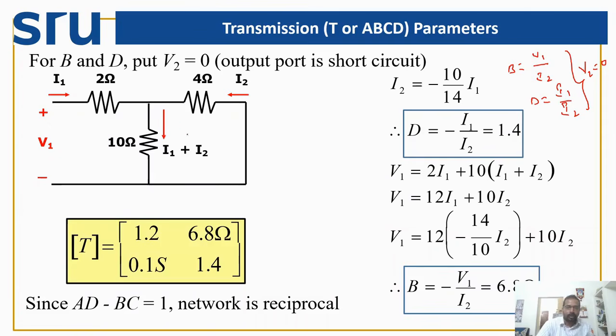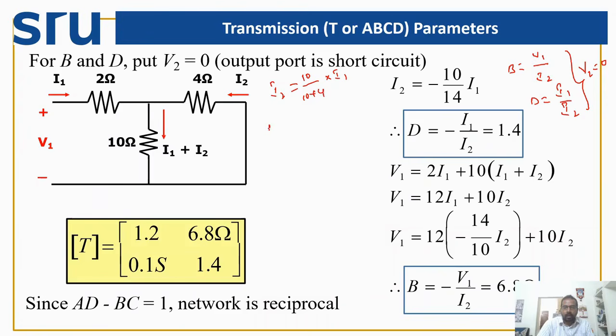Now if you try to see here, we can bring directly the relationship between I2 and I1 by applying the current division rule. So my I2 current will be equal to the current flowing through the opposite resistance value, that is 10, divided by the total resistance, so 10 plus 4, into the total current I1.